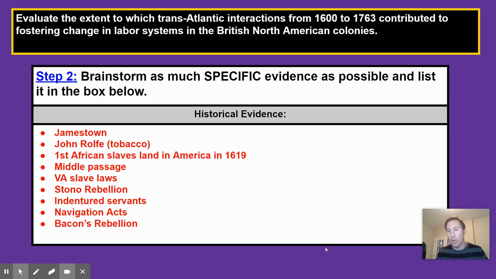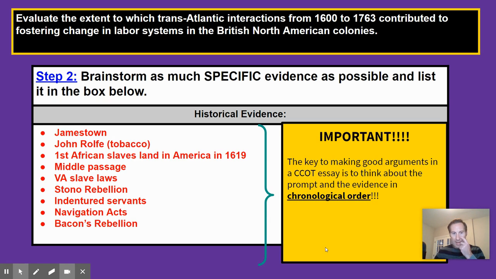Obviously you're going to try to do a brainstorm in about 30 seconds. And we're trying to just stimulate your background knowledge about the topic so that you can start to create larger arguments. So these are some of the potential pieces of evidence that might work for this prompt, and you can take a look at them right here. But just writing them in a scattered way is probably not the best way to organize yourself and prepare to write a continuity and change over time essay.